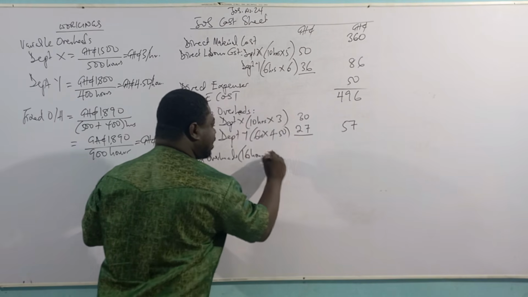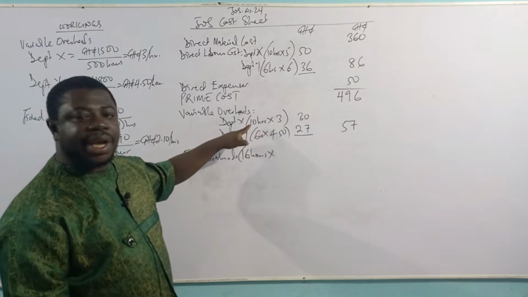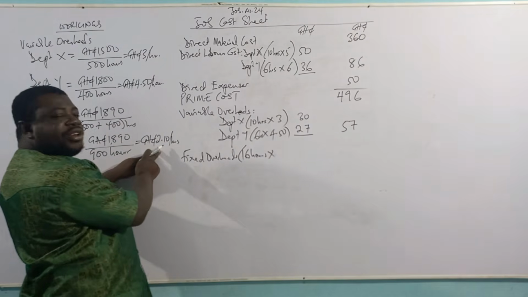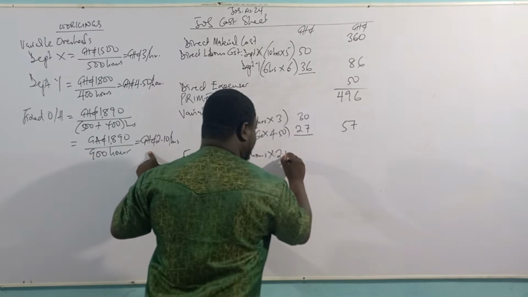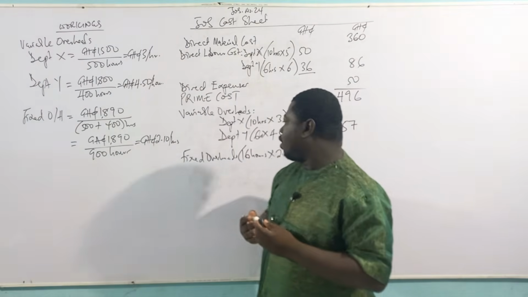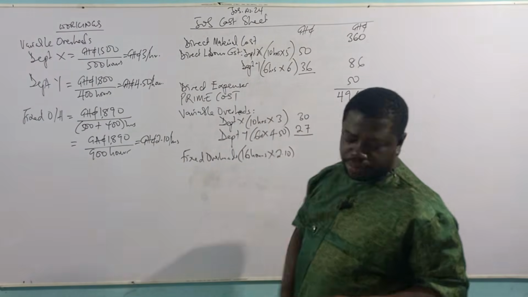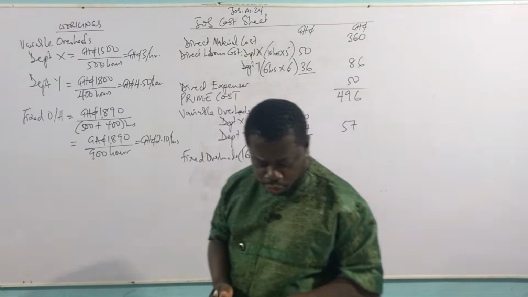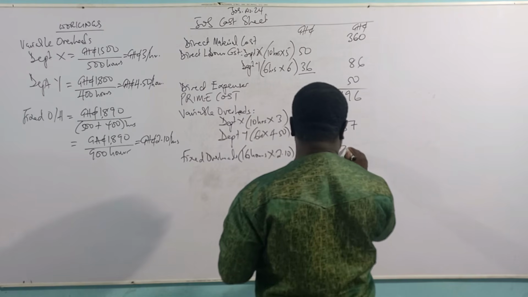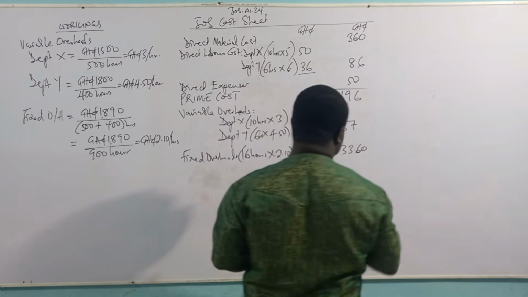How did I get the 16 hours? 16 hours is a combination of 10 and 6. Then we multiply by the predetermined rate of 2 cedis 10 pesewas. That will give us the total fixed production overhead for the job. When we do this multiplication, it's going to give us 33 cedis 60 pesewas.